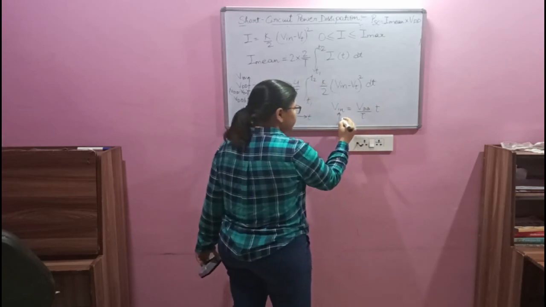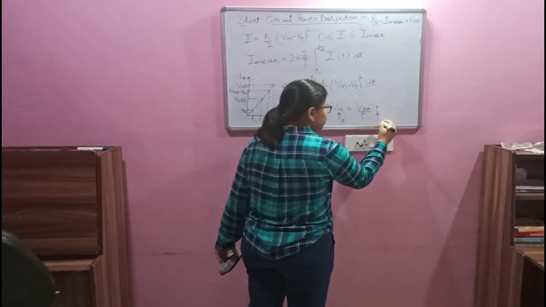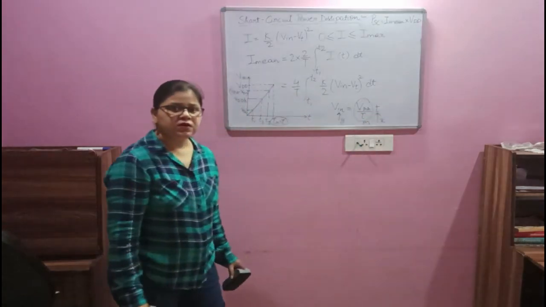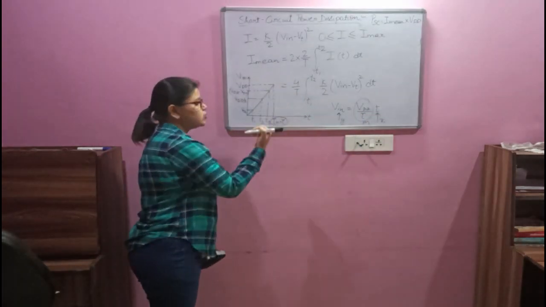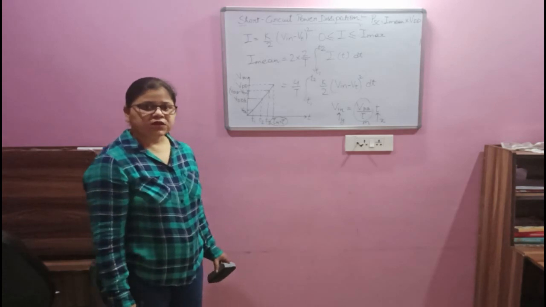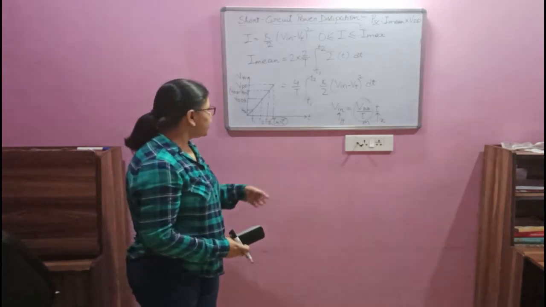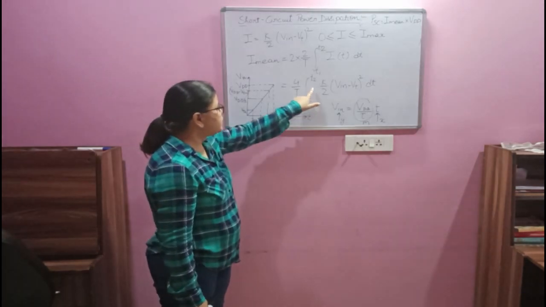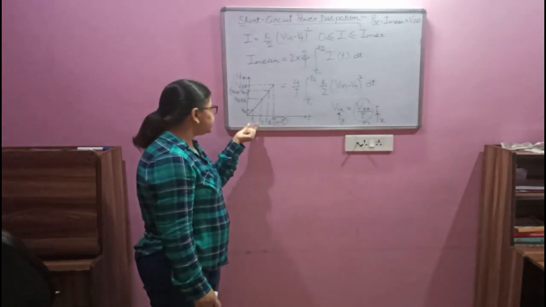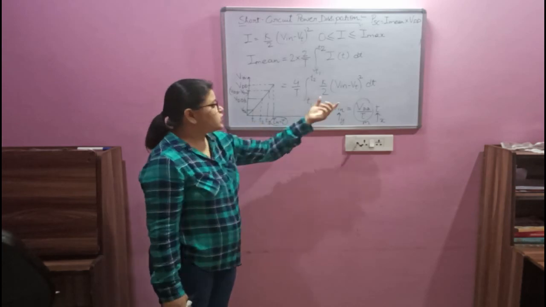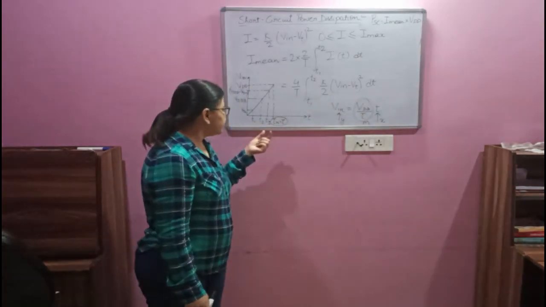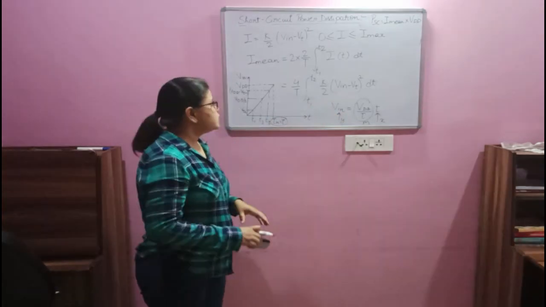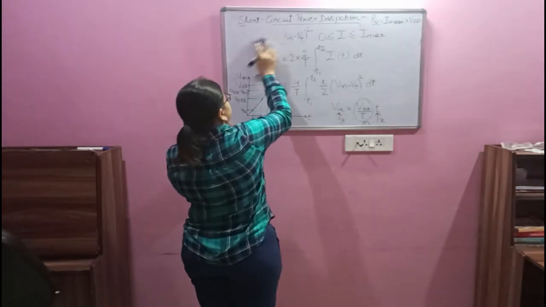So this is representing y, this is representing x, and this is m, the slope of this line, VDD by tau, the maximum slope. Now we have to place that when t is equal to t1, because we have to find the limits for t1 and t2. So when t is equal to t1, what will this value be, and when t is equal to t2, how will this value change. So we have to do that. I'll write it over here.